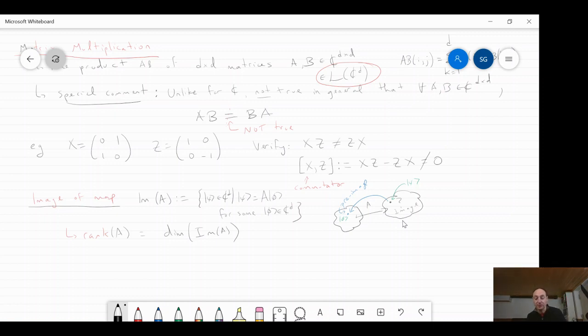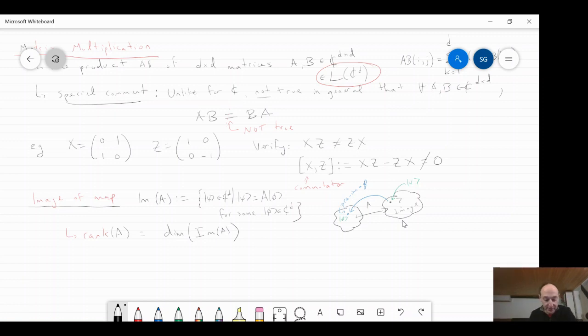I mean, it's not difficult to argue that, if you have two vectors which are in the image of A, then so is any linear combination, for example. Then the rank of A, since the image of A is a vector space, you can take its dimension. You could figure out what its dimension is. That's what this is here. And that's what we call the rank of A. Okay? And so, again, I'm really just thinking of A here as a linear map, even though I wrote it as a matrix. It's just a dimension of some output space, right?